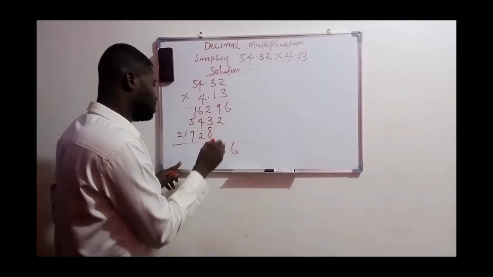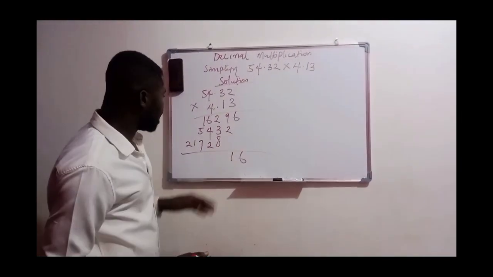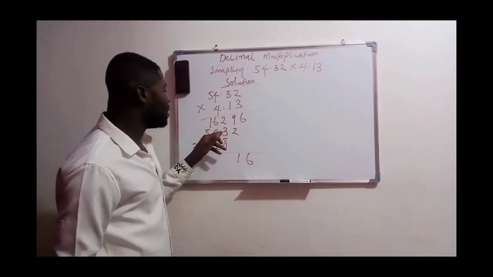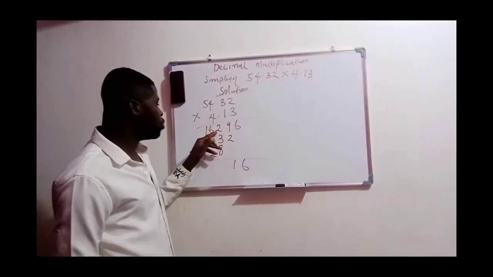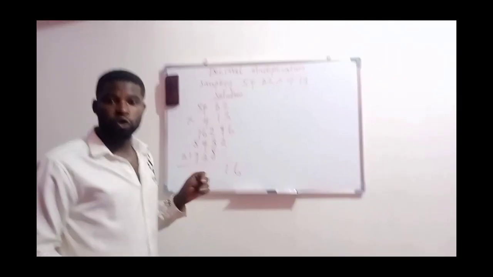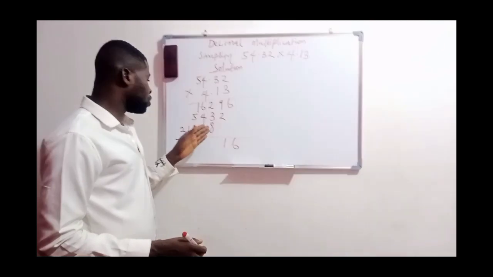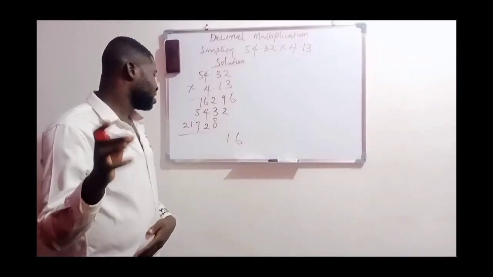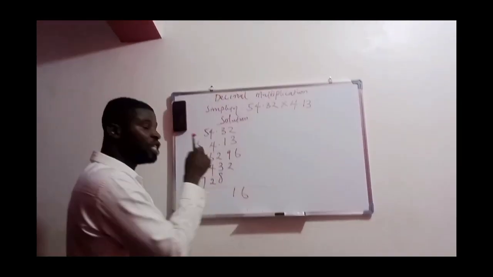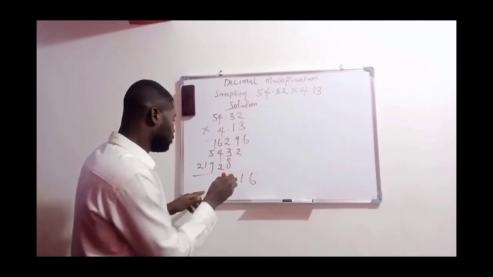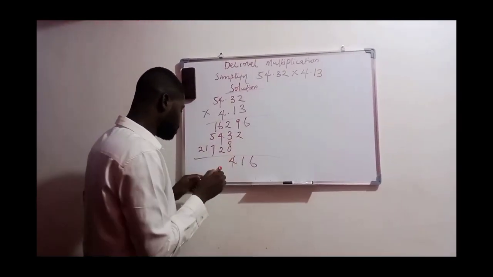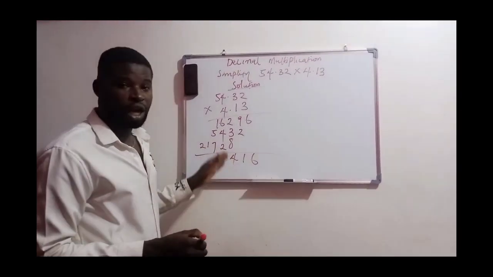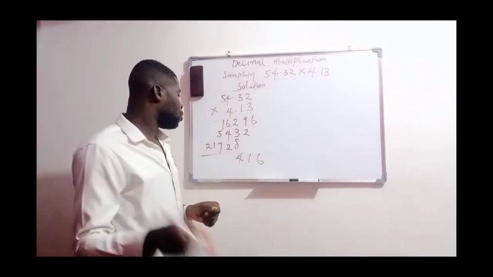Now you say 2 plus 3 will be equal to 5. 5 plus 8 will be equal to 13. 13 plus the remainder 1 will give us 14. You write 4, remainder 1.